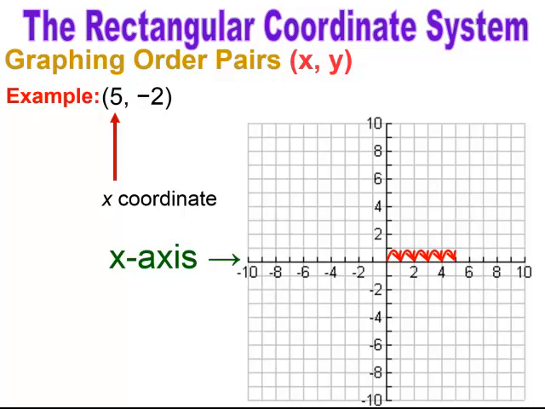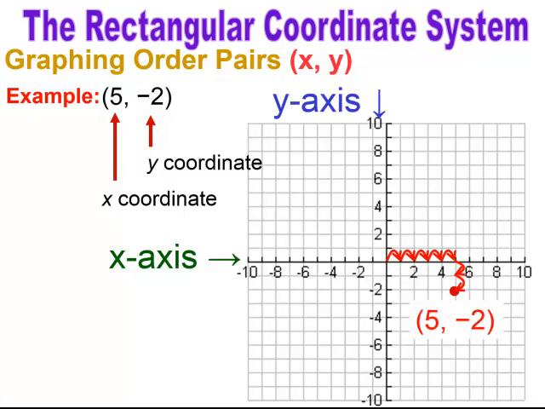Now you're not plotting the point there. You have to find the y value from your x value. So I go to where x is 5, and then I find the y value, and it's a -2, and because it's -2, I'm going down to where y is -2, and I plot the point. So my (5, -2) would be on the coordinate plane where it's located in this picture.